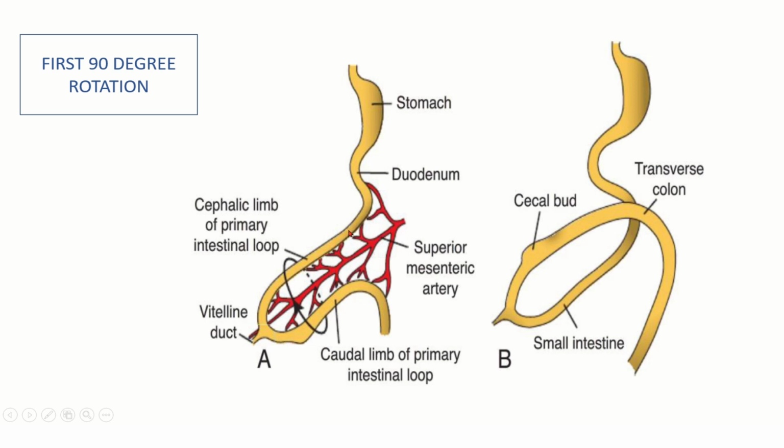That means the pre-arterial segment, which was cranial to the superior mesenteric artery, now becomes right of the superior mesenteric artery, and the post-arterial segment, which was caudal to it, will become left of the superior mesenteric artery. This is the first 90 degrees counterclockwise rotation.